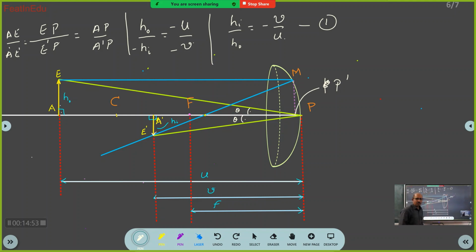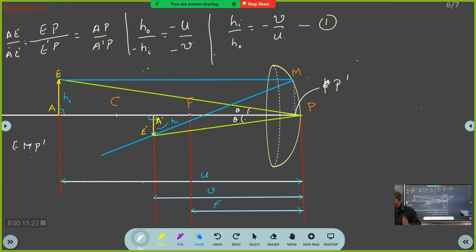P dash is very close to P, because the curvature is very small. So for all practical purposes, you should consider the triangle E M P. And P dash is almost equal to P. P dash is so very small that it is almost equal to 0 but not equal to 0.